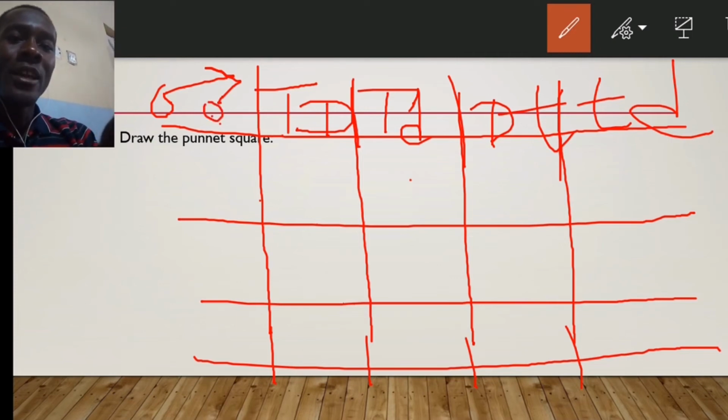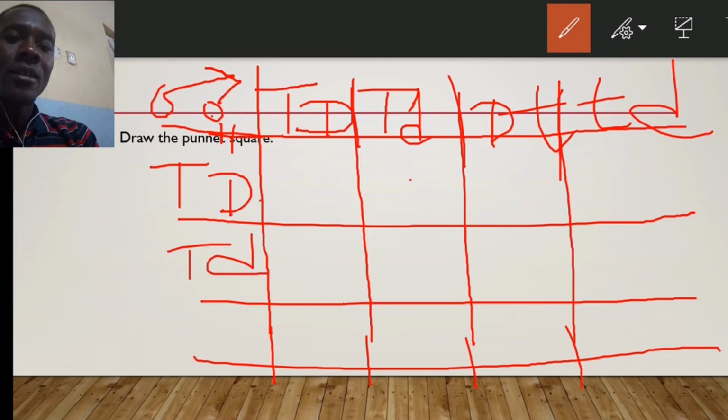Then for the woman's zone, it comes in the vertical line, where you have the same possible gene combination in her eggs. Then you draw for this one, you have it as well.